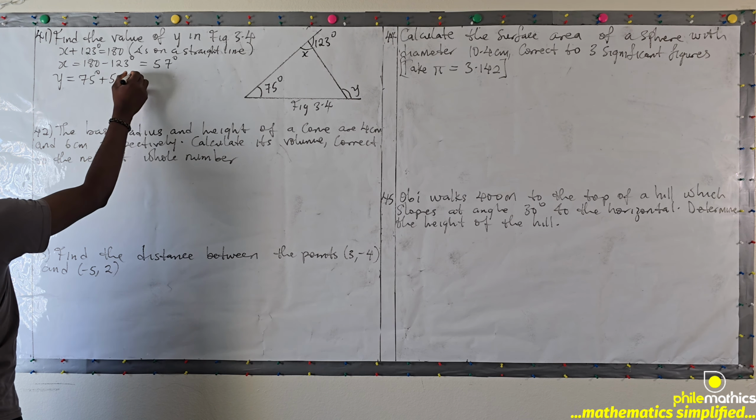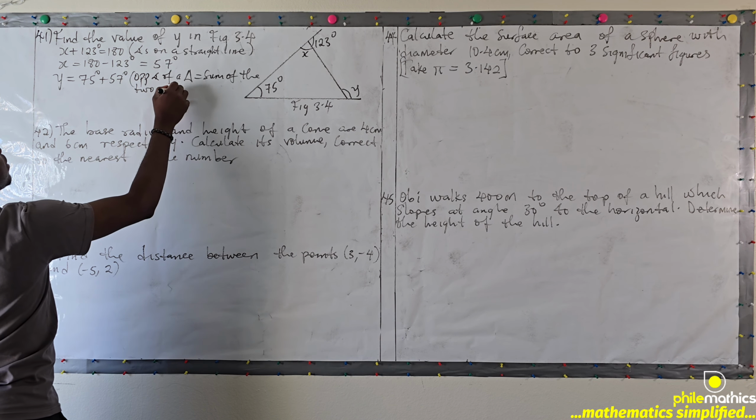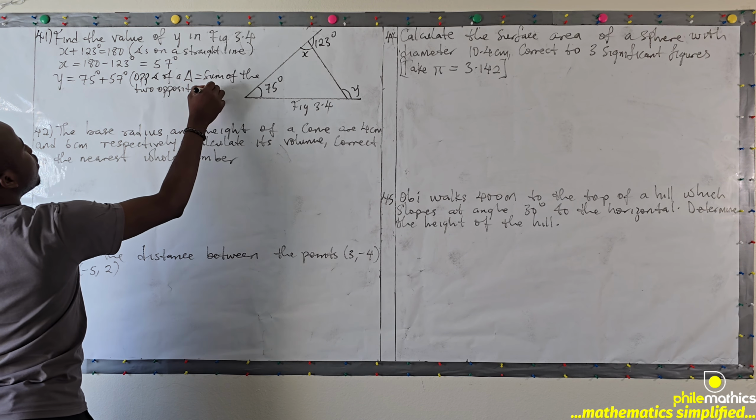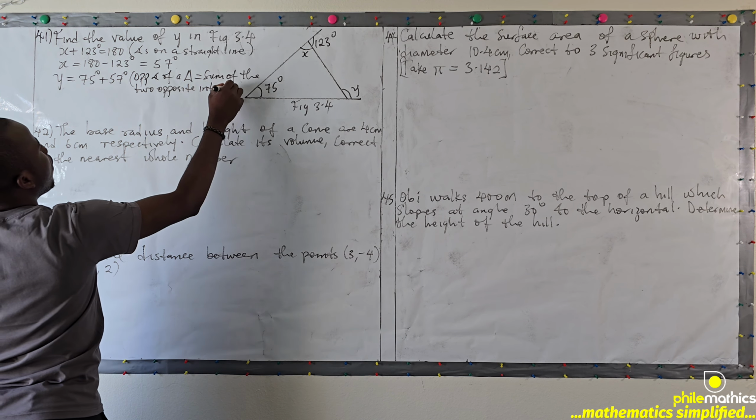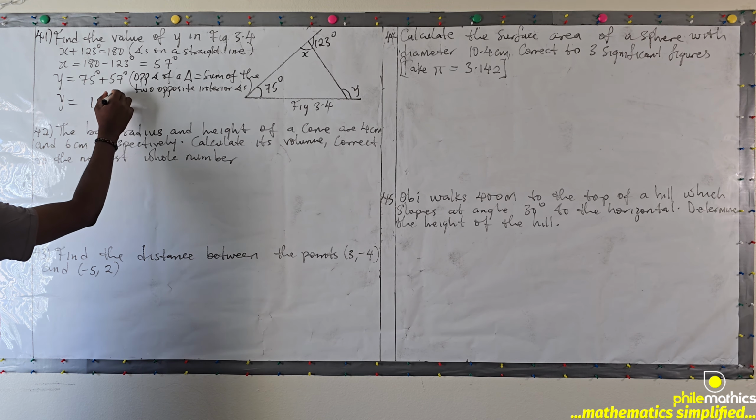Exterior angle of a triangle equals sum of the two opposite interior angles. And so y is simply, 7 plus 5 is 12, remember 1, 7 plus 6 is 13, so it's 132 degrees.